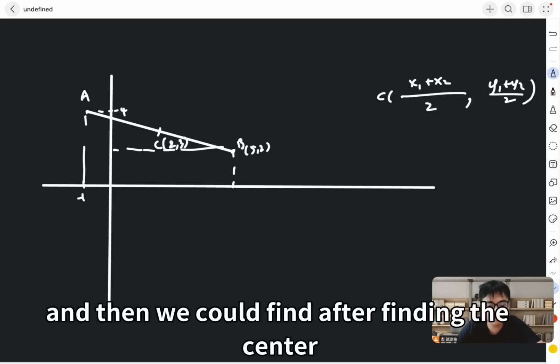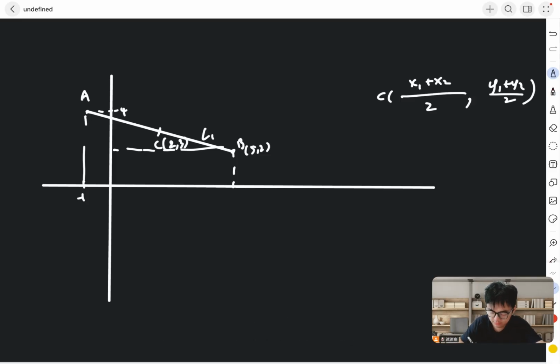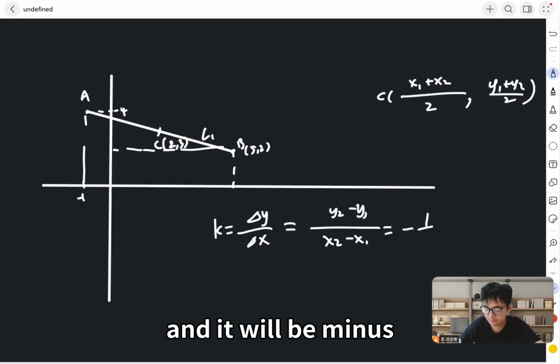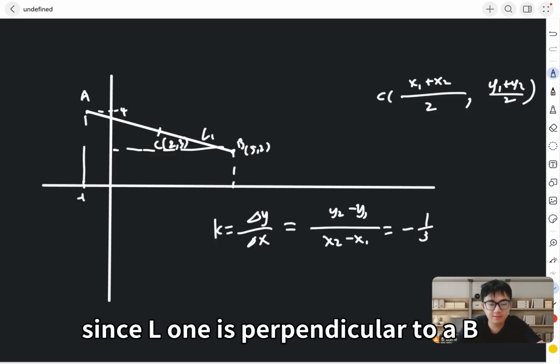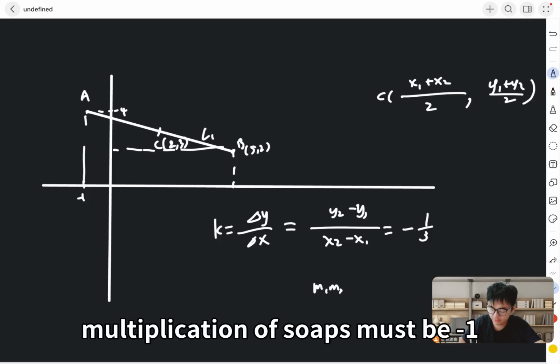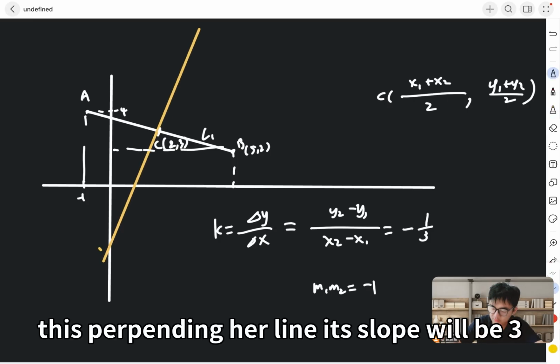After finding the center, we can find the slope of AB using delta y over delta x, which is (y2 minus y1) over (x2 minus x1), and it will be -1/3. Since L1 is perpendicular to AB, and the product of their slopes must be -1, the slope of this perpendicular line will be 3.